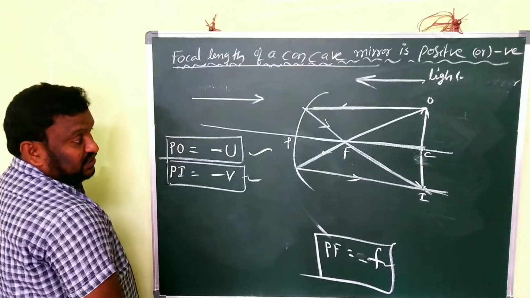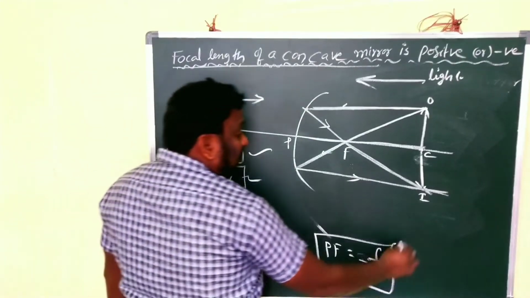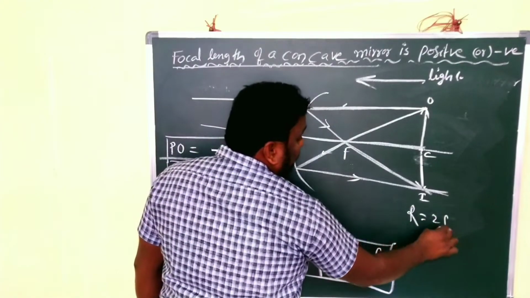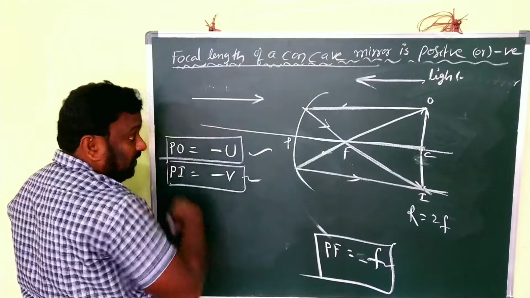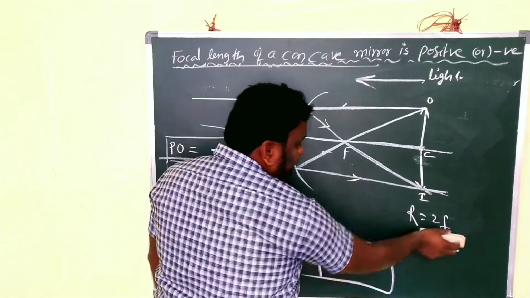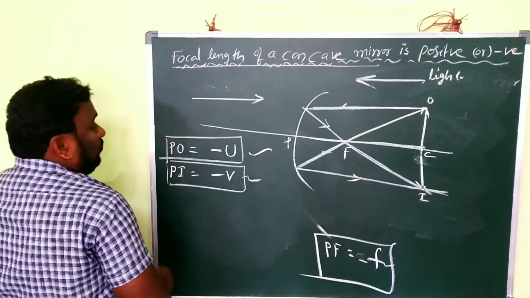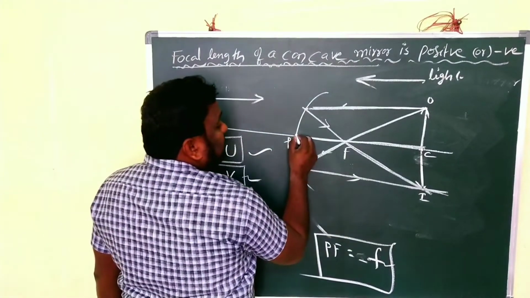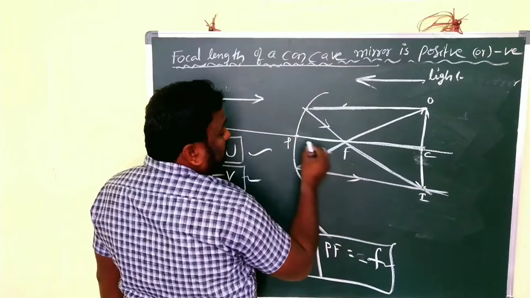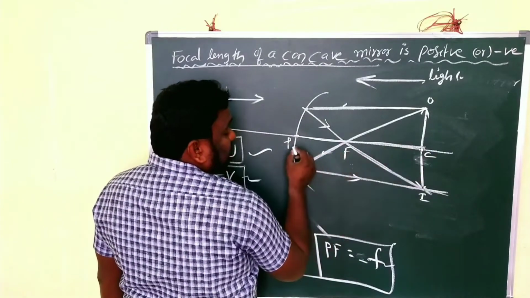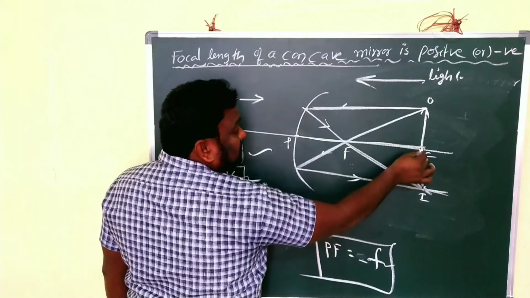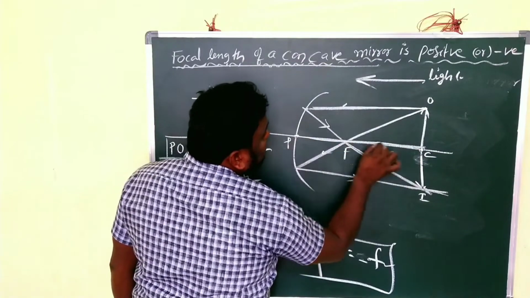focal length is also negative. And children, we already know that R is equal to 2F. Radius of curvature means what? Pole to center of curvature. The distance from pole to center of curvature is what we call the radius of curvature.